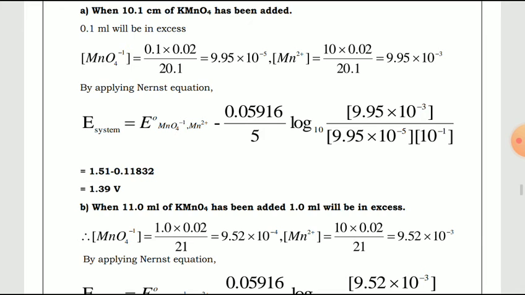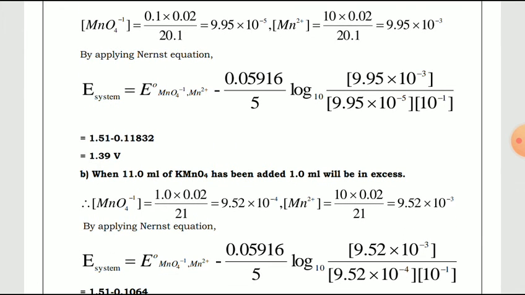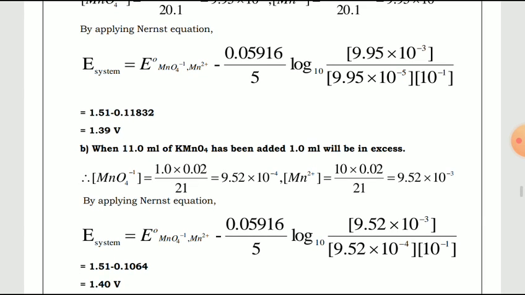By applying the equation again, E system is equal to E naught MnO4 minus to Mn2 plus minus 0.05916 upon 5 log of 9.52 into 10 raised to minus 3 upon 9.52 into 10 raised to minus 4 into 10 raised to minus 1. When we do this calculation, we will get the E system.